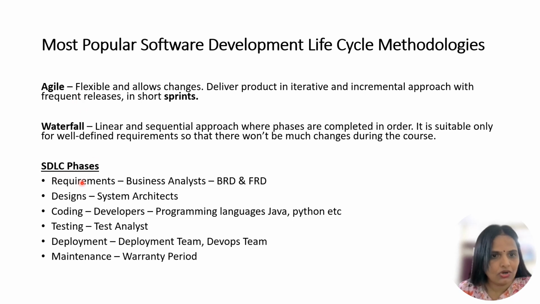In Agile, it's not like that. We are selecting a few requirements over a sprint. In this sprint, we are going to select maybe some 10 user stories. Now, what are these user stories? User stories are nothing but requirements.